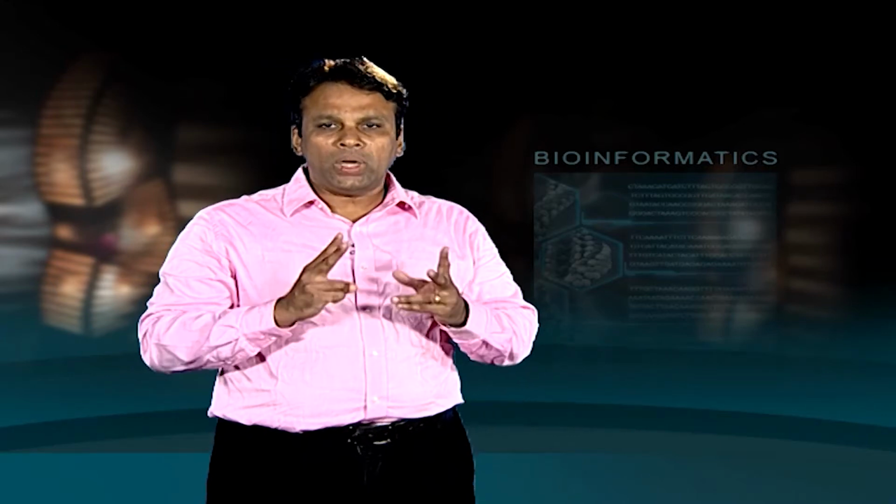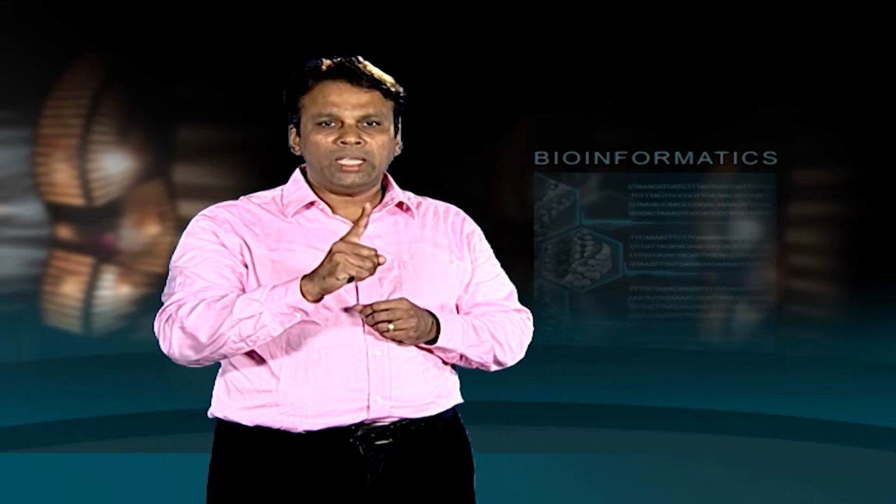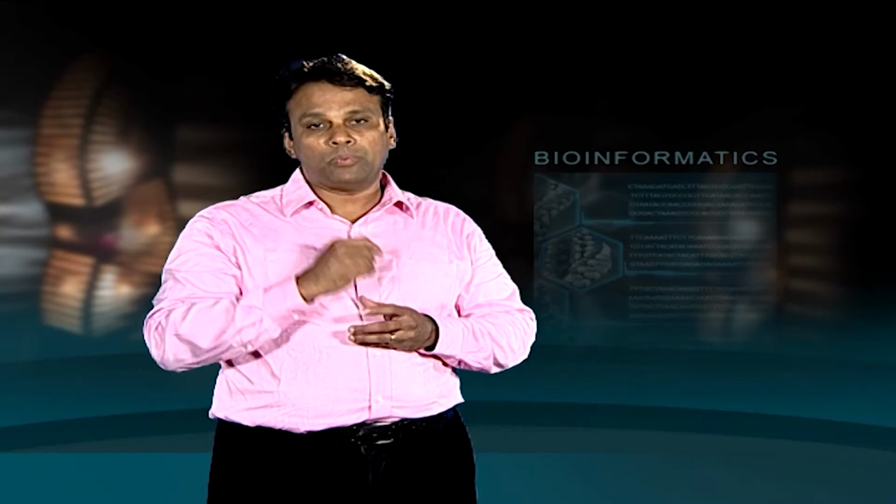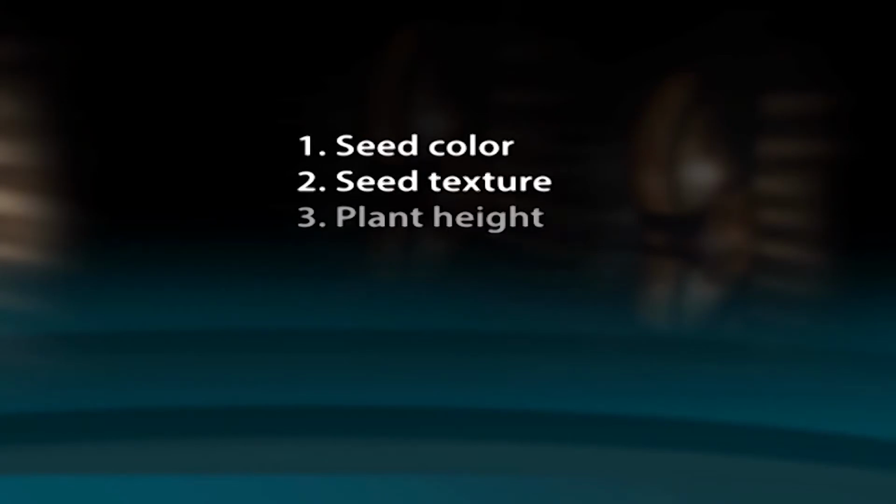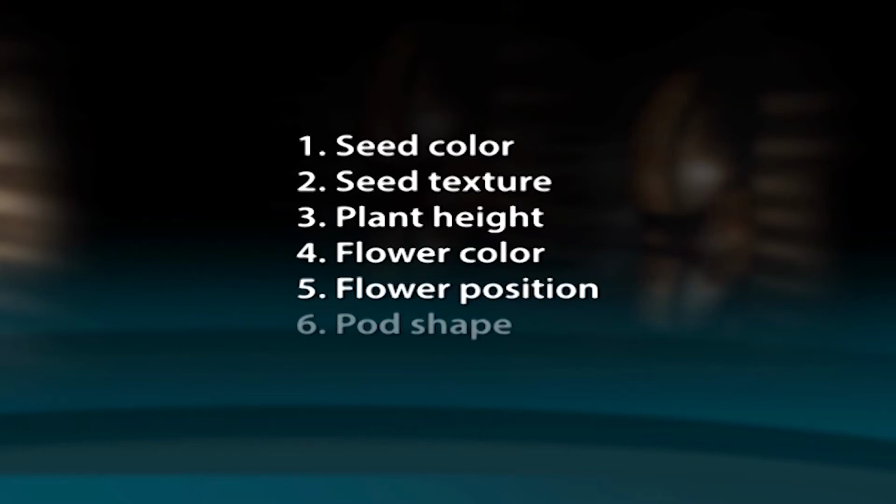Sometimes these two alleles can affect the same single characteristic. Based on these genetic interactions, Mendel studied 7 traits separately. One is seed color, next seed texture, plant height, flower color, flower position, pod shape and pod color.